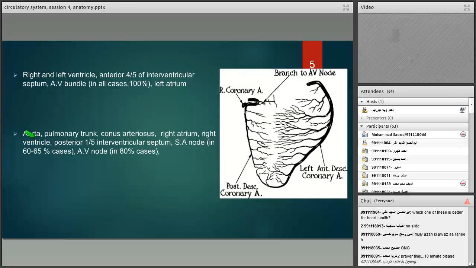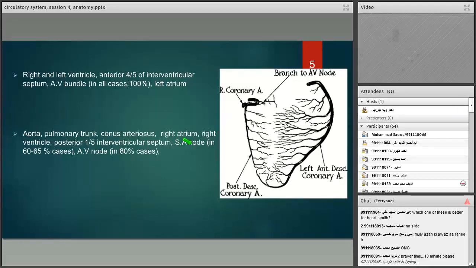But the aorta, the pulmonary trunk, the conus arteriosus, right atrium, right ventricle, the posterior 1/5 of the interventricular septum, SA node and AV node are being supplied by the right coronary artery.